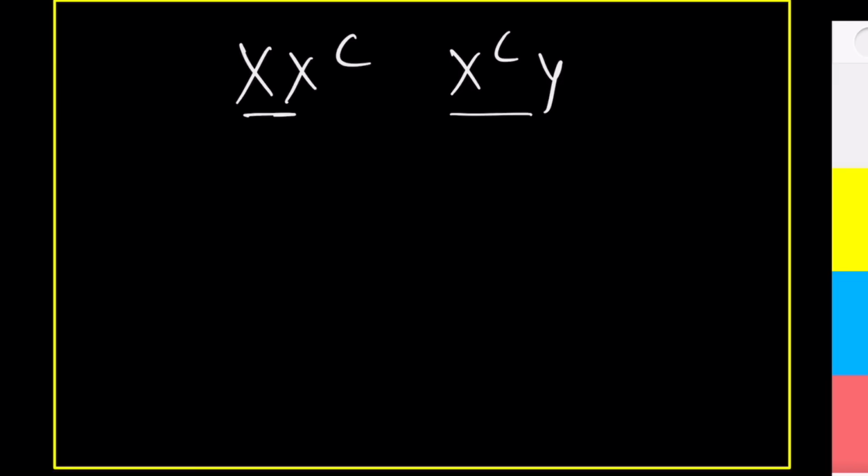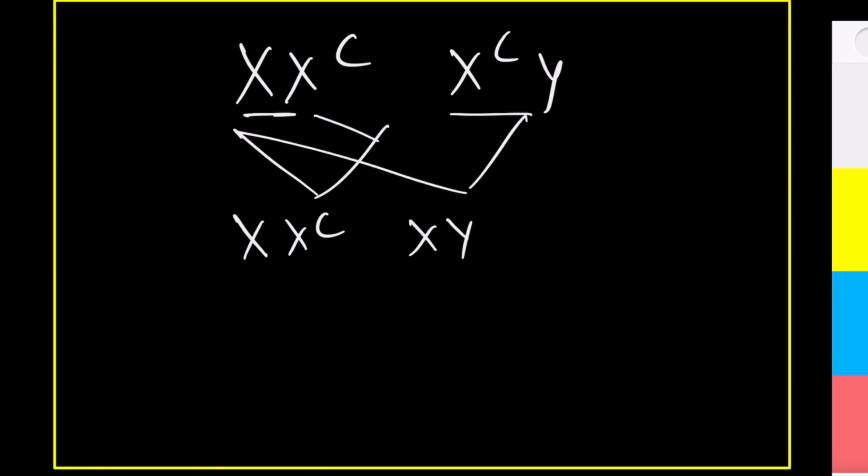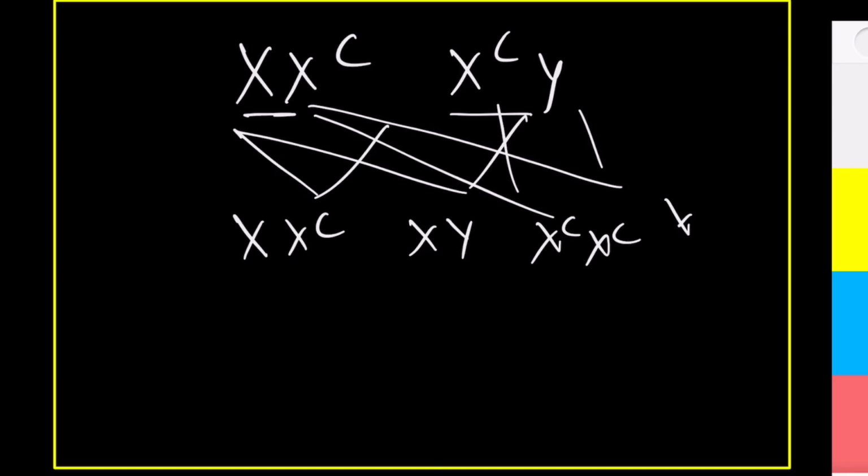You can have another situation like this one: XXC and XCY. Here the mother is the carrier and the father is suffering from the disease. So here XXC, then XY, XCXC, then XCY. Now you can easily predict.